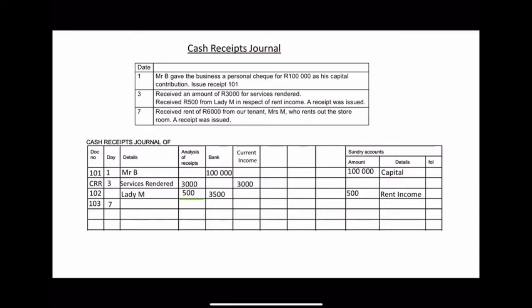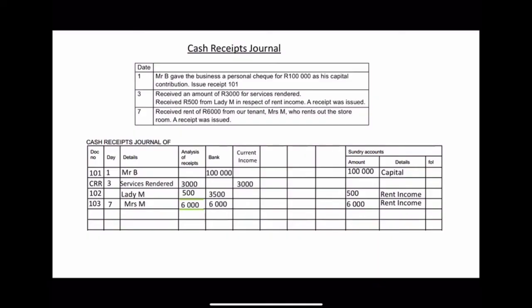Okay, the details, we were told that it is Mrs. M, and because they're paying us for rent, we know that the account is rent income. We don't have a column for that, so we put it in the sundry accounts and we put it in our analysis of receipts. We don't have another transaction for the 7th, so we can underline it in the analysis of receipts column and put it straight into our bank.